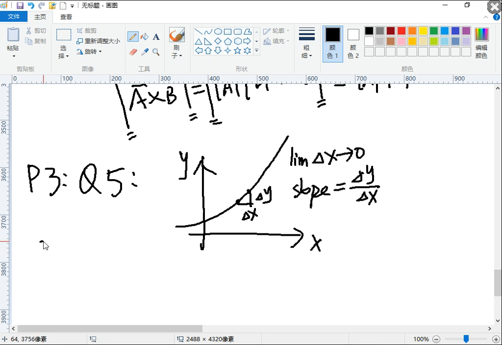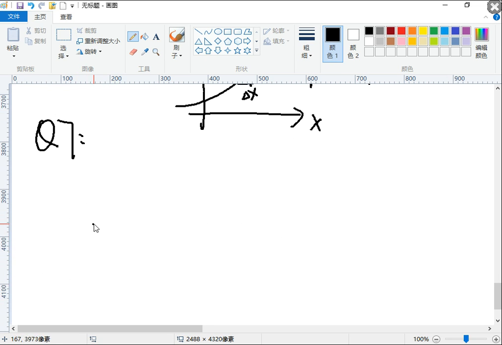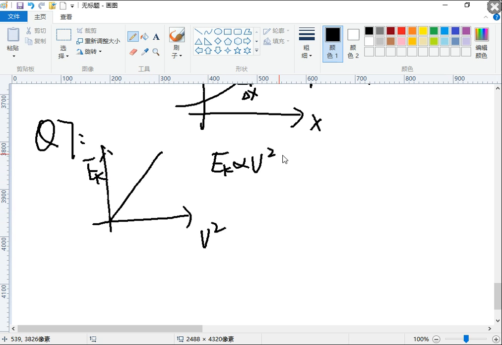This is easy, so if I have to explain, I will say, since you know that kinetic energy is proportional to V squared. So EK is proportional to V squared. So when the x-axis is V, then we have a parabola.